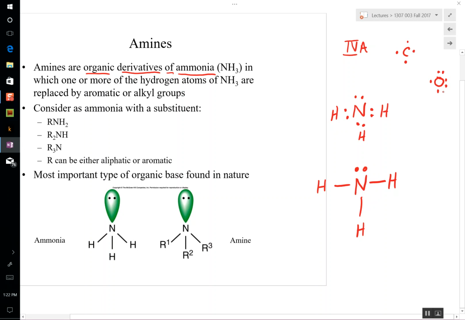It bonds to 2 hydrogens. So the nature of the element and what it is seeking in the way of an octet of electrons is driving this. We've got NH3, ammonia. So an amine is an organic derivative. What does that mean? You take off a hydrogen and you add an organic group of some sort, and you've made an amine.